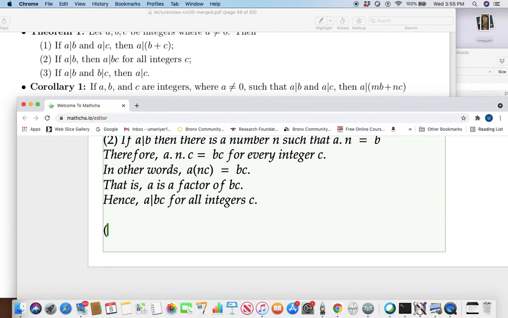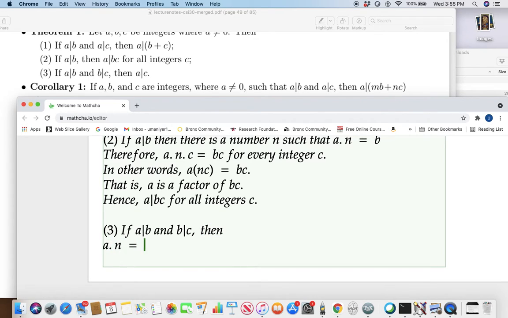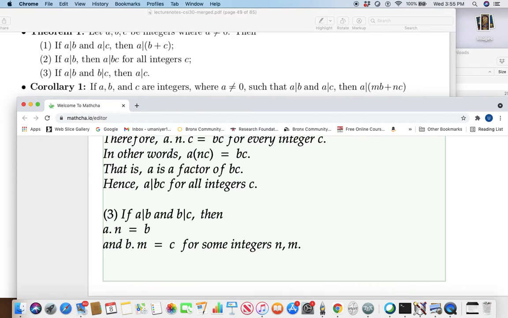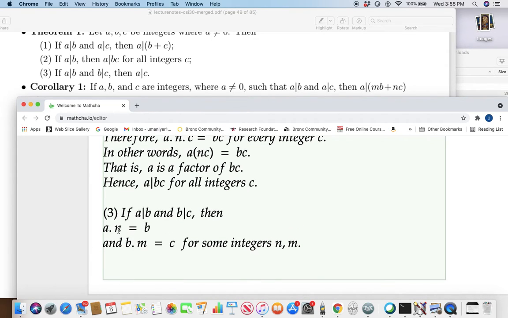Next, if A divides B and B divides C, what does that mean? A times some number is B. B divides C, B times some number is C. All right. So let's figure this out.